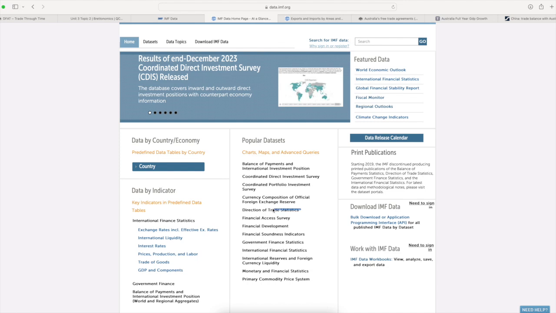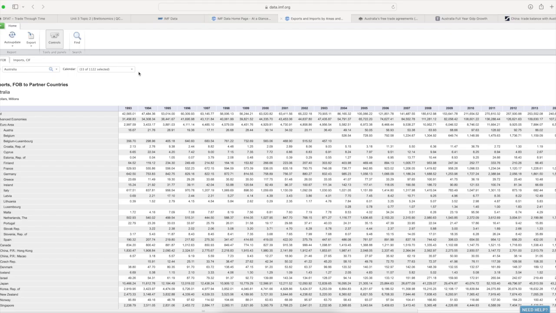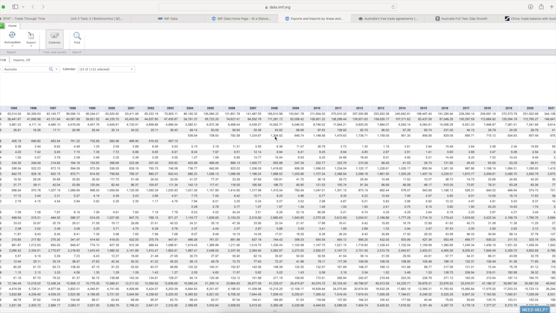So for example, we can see here there are direction of trade statistics that are available, which would show our import and export market. And I've pulled some of those as an exemplar. Here is Australia's exports. This is what you get off that website. Here are Australia's exports over time, 1993 to current.